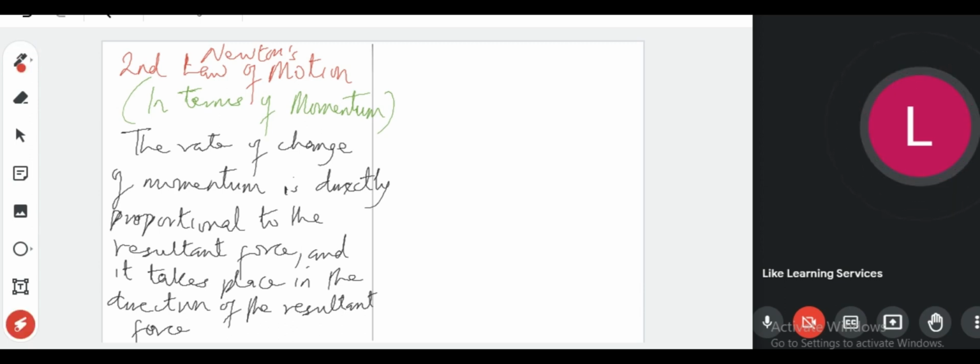So the rate of change of momentum is directly proportional to the resultant force, and it takes place in the direction of the resultant force.